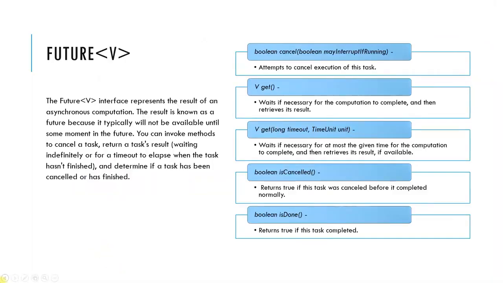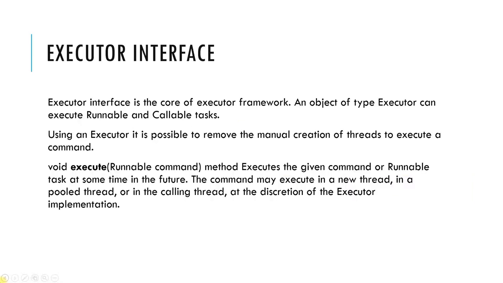Okay, let's continue. The core of the Executor framework is the Executor interface. It is the root interface in this framework. An object of type Executor can execute Runnable tasks.